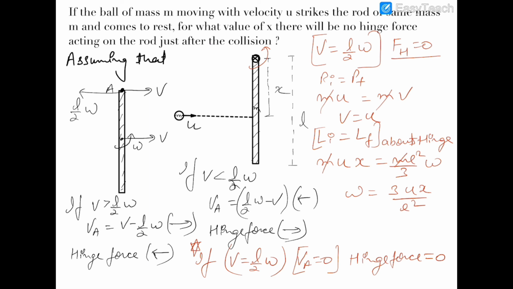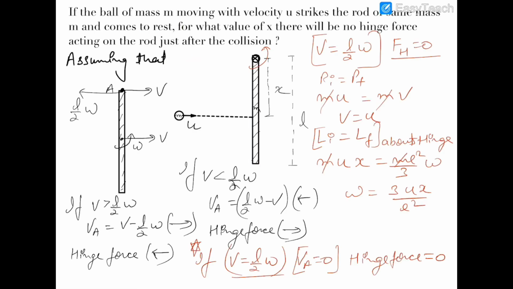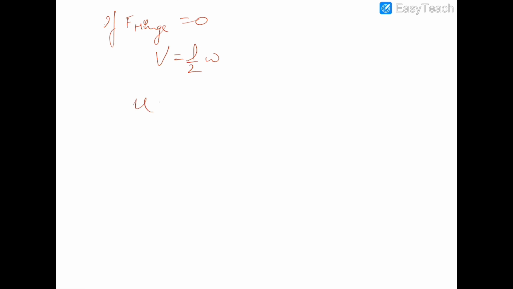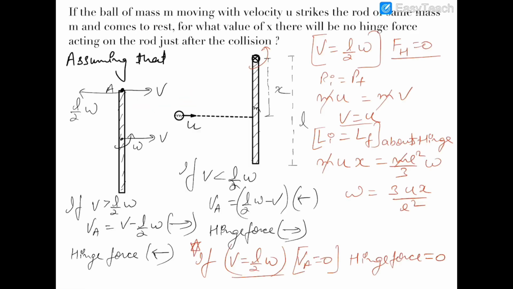Now we know that v should be equal to L by 2 omega if hinge force is 0, and v is equal to u, and this is L by 2, and omega is equal to 3ux by L square.